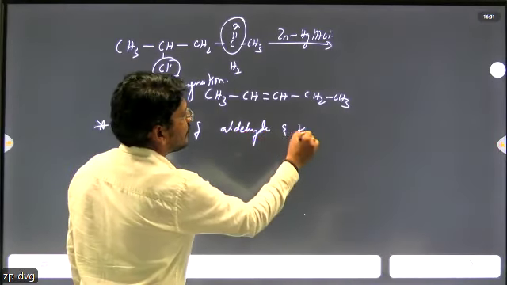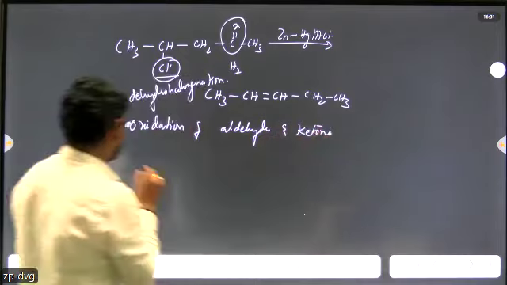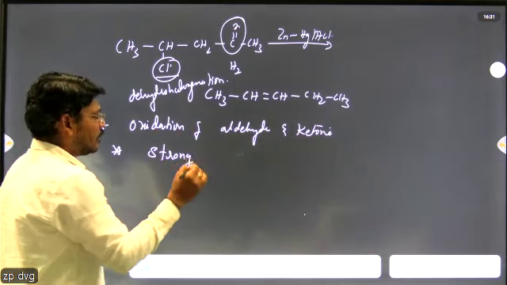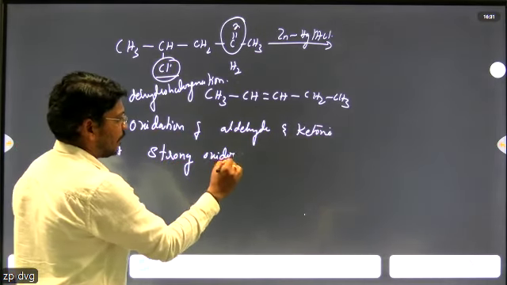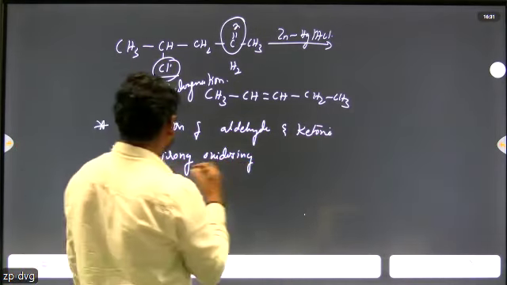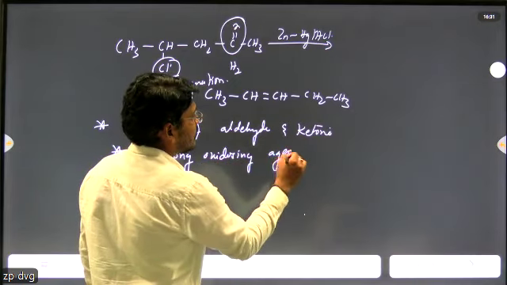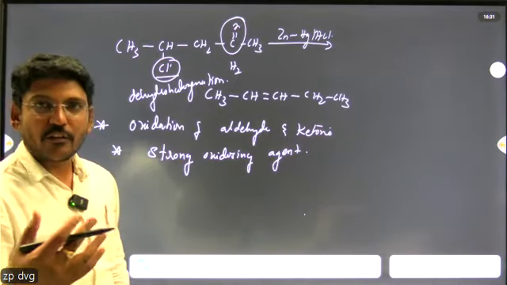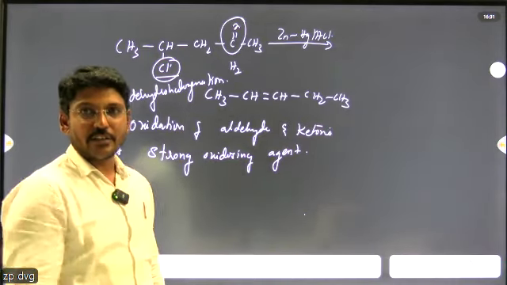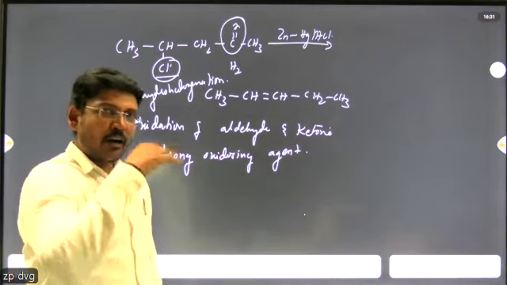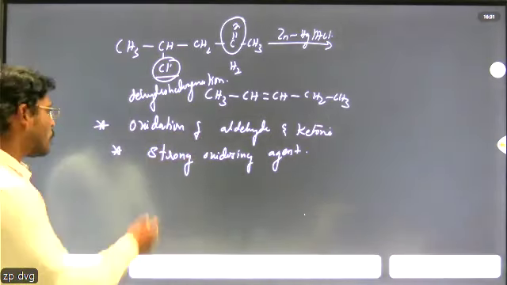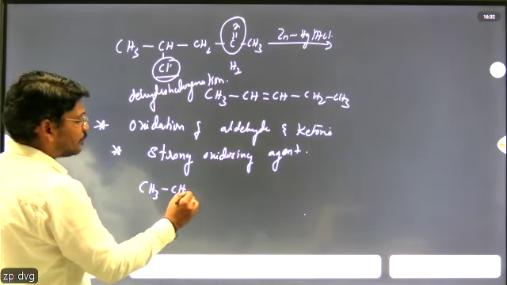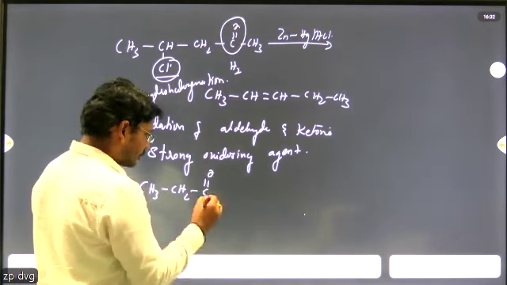Normally we know that by using a strong oxidizing agent, and we have already discussed what those strong oxidizing agents are, acidic KMnO4 and acidic K2Cr2O7, these act as strong oxidizing agents. They can convert aldehyde into carboxylic acids.